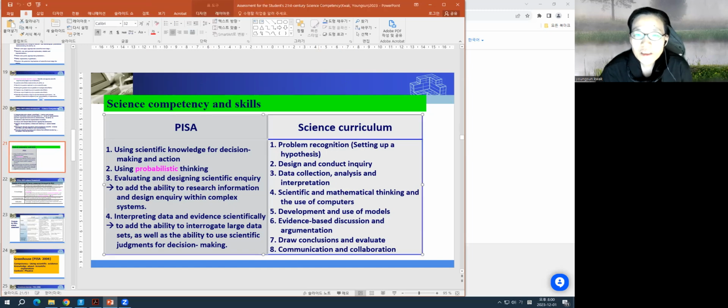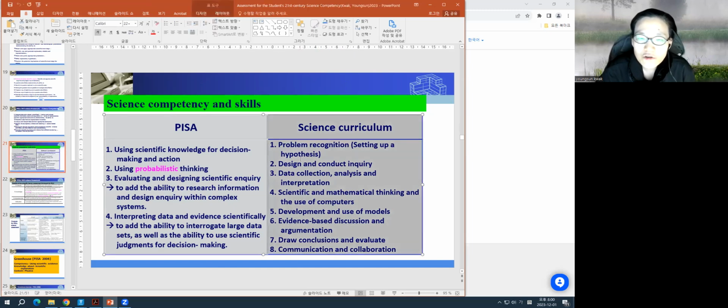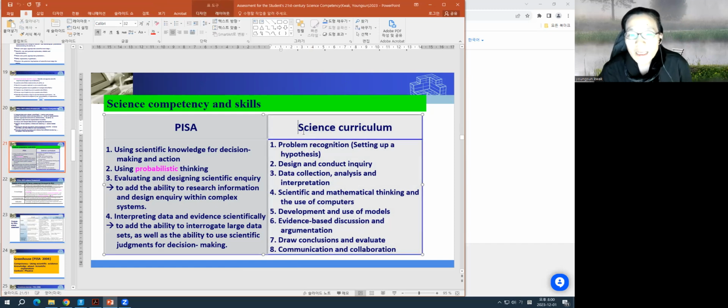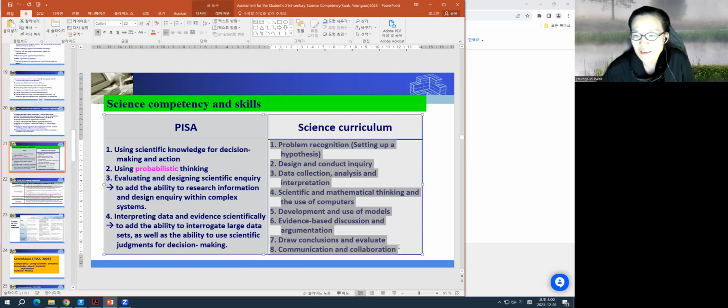So the subdomains could be different, but it's all about, at the global level or at the domestic level, in any country, each country in their science curriculum, they have this kind of science competency.